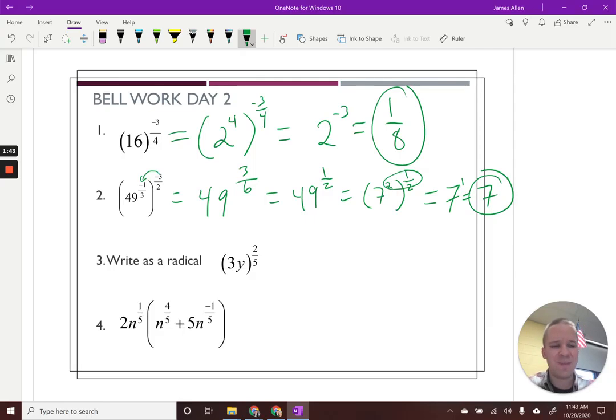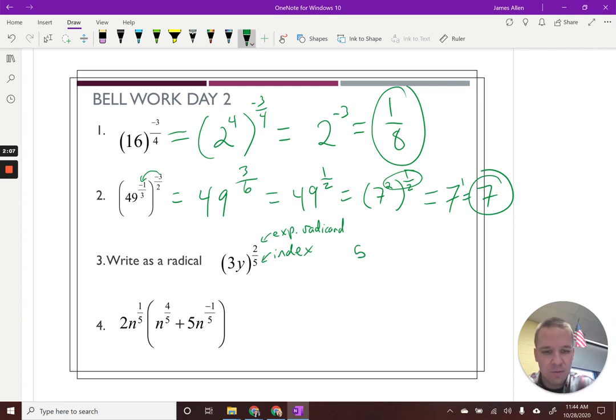All right, this next one says, write as a radical. As we said before, in radical form, it's not as useful right now, but it's still a good skill to review. I know that this would be my index of the radical, the number that goes outside the radical. This is my exponent of the radicand, the number or variables that are inside the radical.